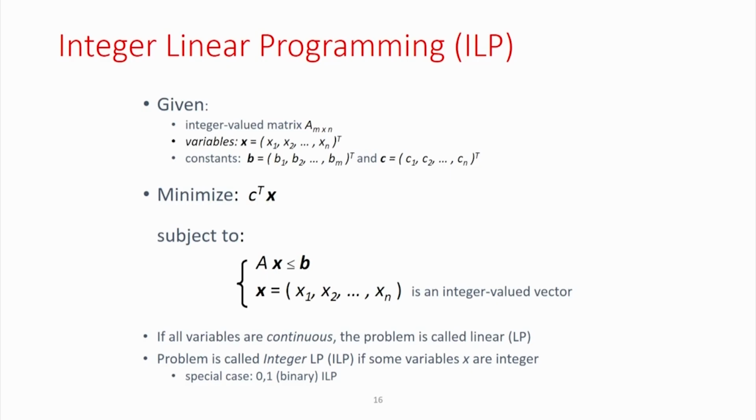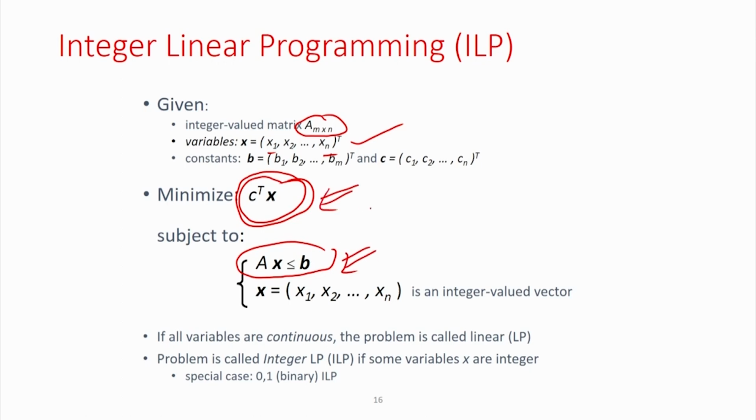Here you can see you have a minimization objective where you have a set of variables x 1 to x n and you have these constraints. You try to find the values of these variables such that they satisfy all these constraints and give the minimum value of the objective, right.